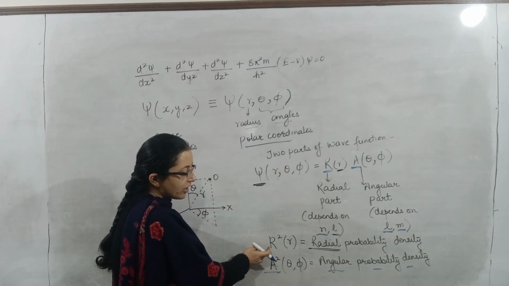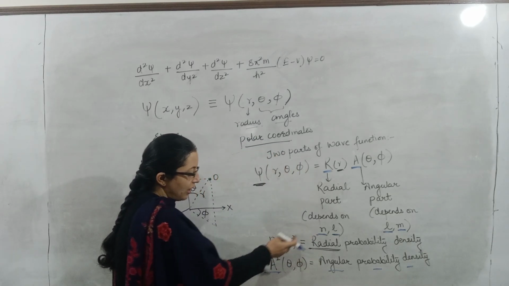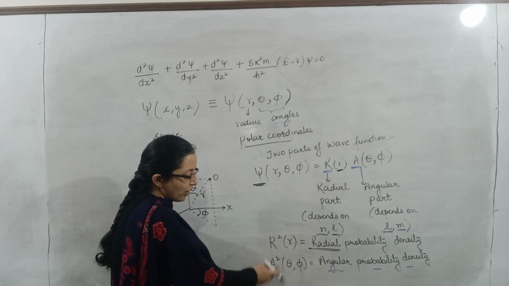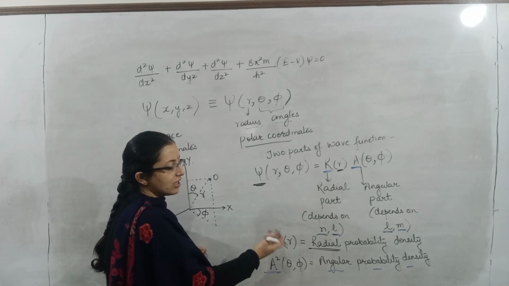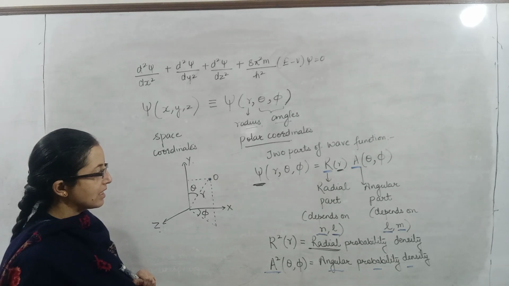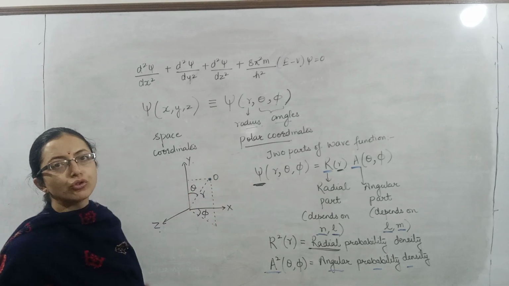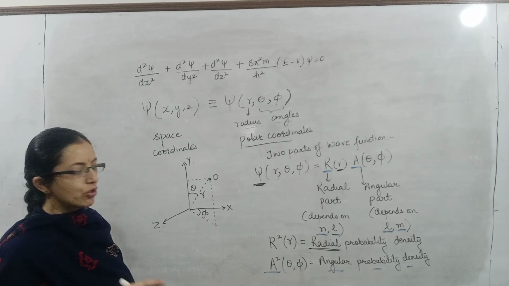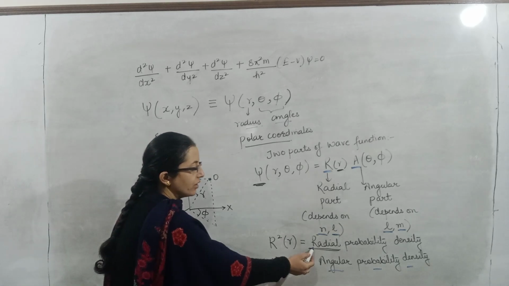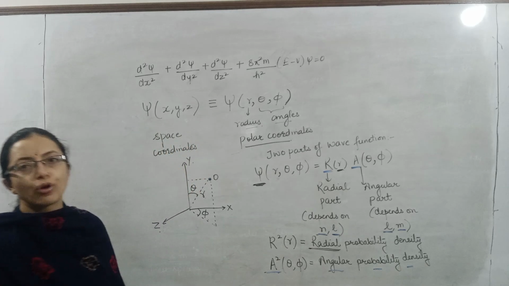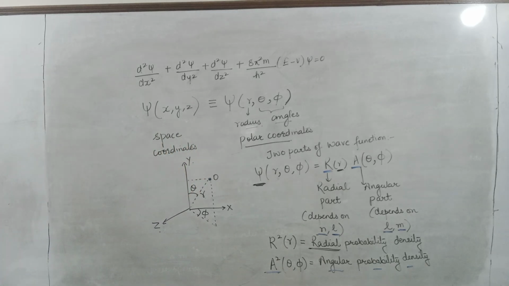So square of R gives you the radial probability density, and square of A, the angular part of the wave function, gives us the angular probability density. बस उसके दो parts कर दिए, एक radial और एक angular probability density.